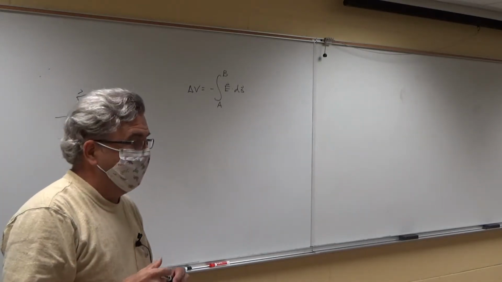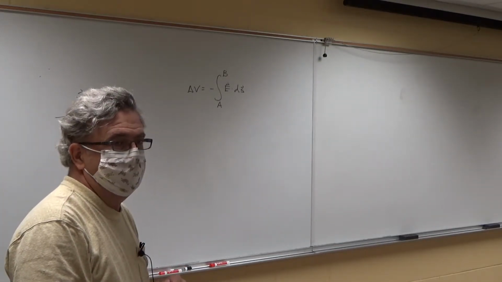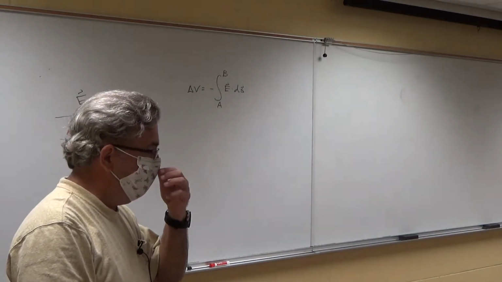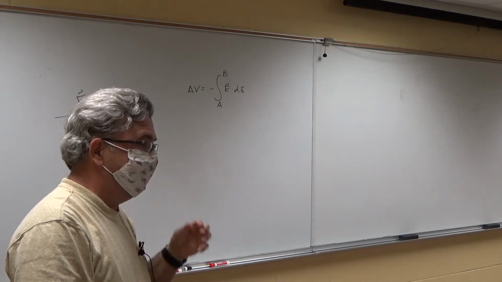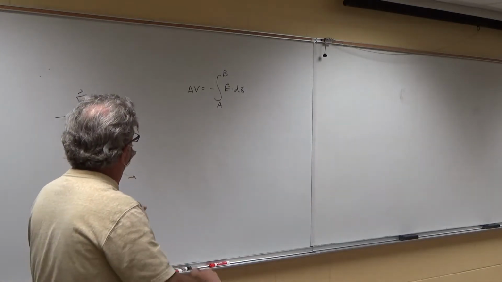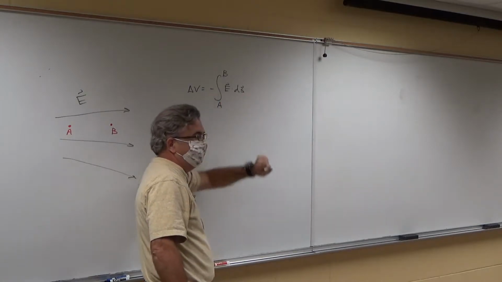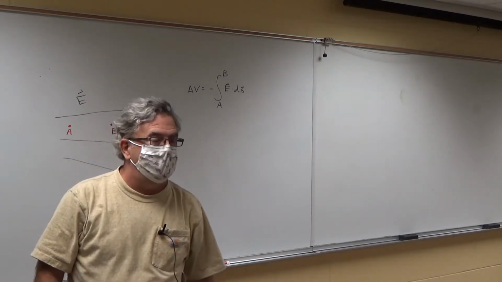Just like we did with work, that was F dot dr. The only thing that matters is how far you move and how much of the field is in that direction of motion. That's what the dot product does for you.